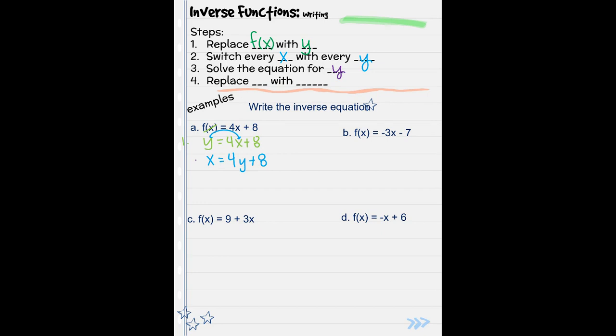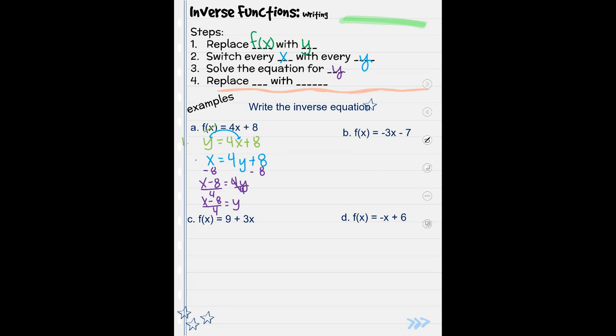So we are subtracting 8 from both sides. So we got x minus 8 equals my 4y. Right here, I've got 4 times y. The opposite is division, to get rid of that. So divide. Okay, so we've got x minus 8 divided by 4 equals y. Okay, so we've solved for y, what y equals.